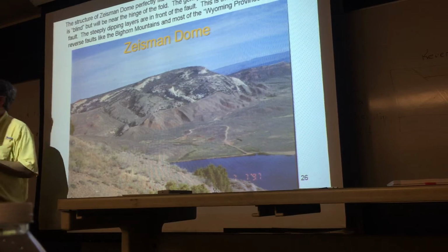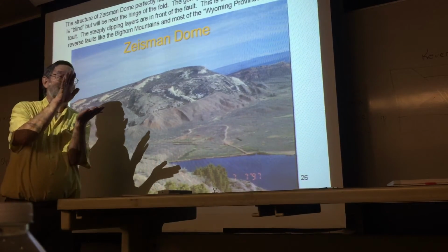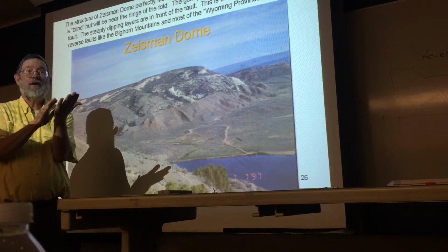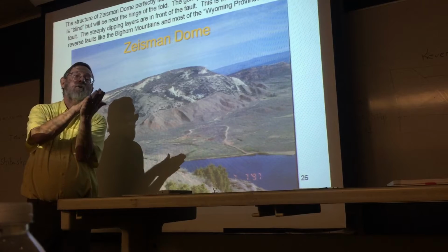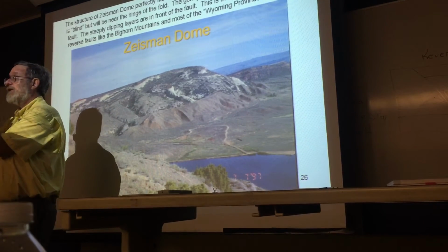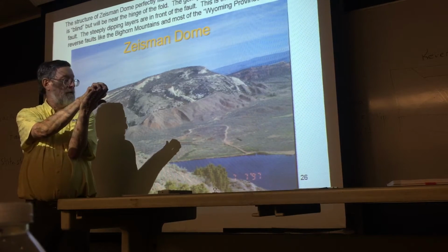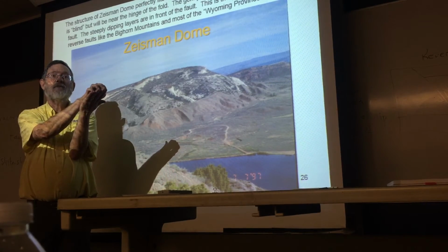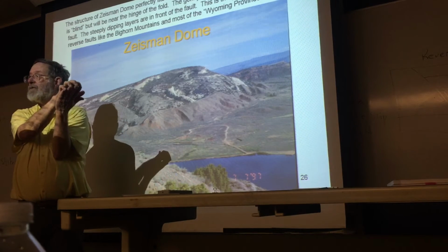The easiest way to think about it, and this will look stupid, is that down here is the footwall and this is the hanging wall. What we're going to do is lock the tip line, our fingers, and then displace. And we form a fold. So that is how this feature developed.